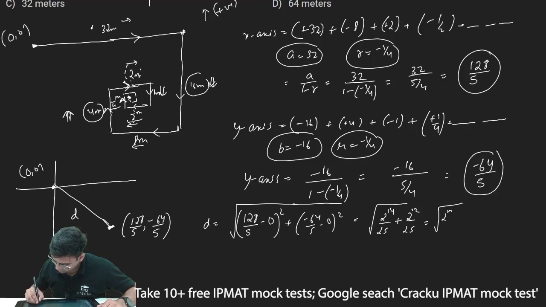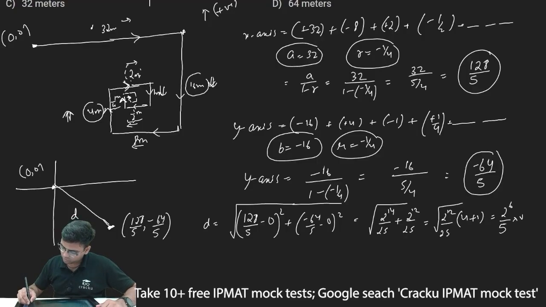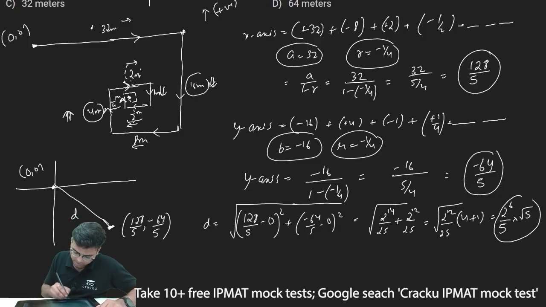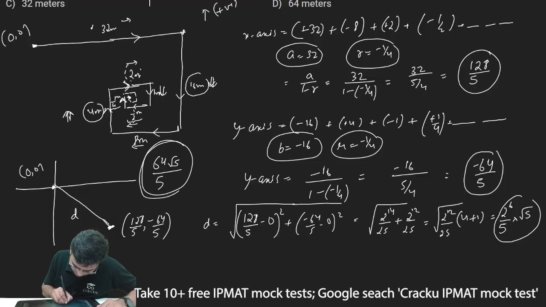Entirely I am left with 2 squared, which is 4, plus 1. So now this will come out as the square root of 2 to the power 12 divided by 25 times 5. I can take the root. This will be equal to 2 to the power 6 divided by 5, multiplied by root 5, which will stay inside. So if I further solve this, this will be equal to 64 root 5 by 5. I am writing it here, 64 root 5 by 5.